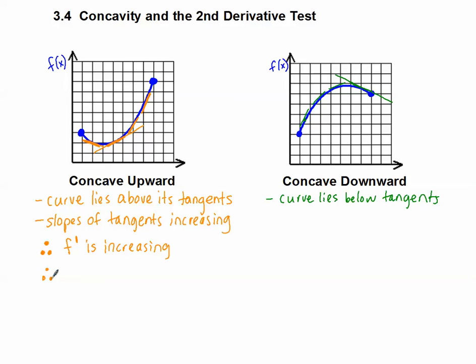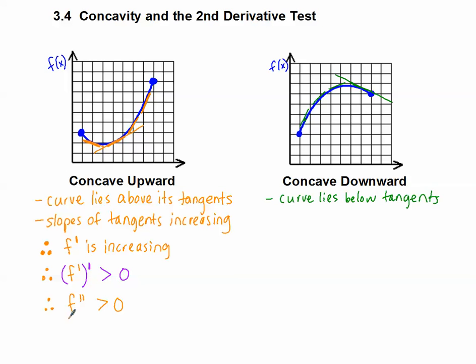If something is increasing, in this case f prime is increasing, the derivative of that something is greater than 0. So if f prime is increasing, its derivative is positive. Therefore, that's two derivatives. So the second derivative is positive. When a function is concave upward, the second derivative is positive.